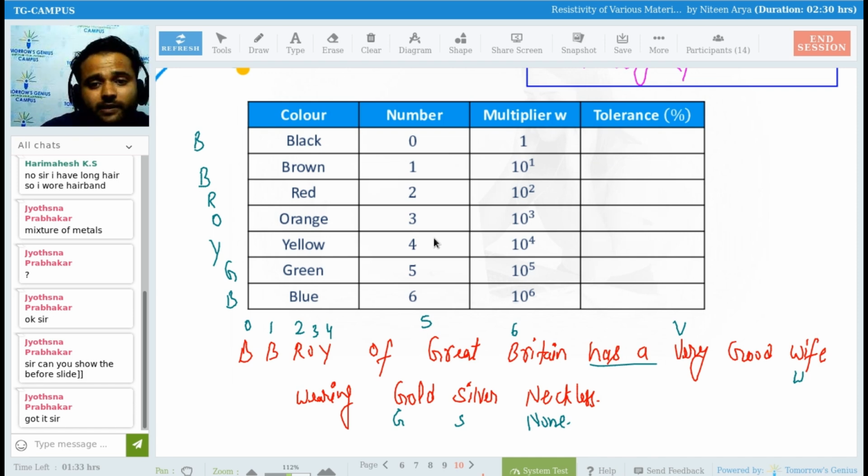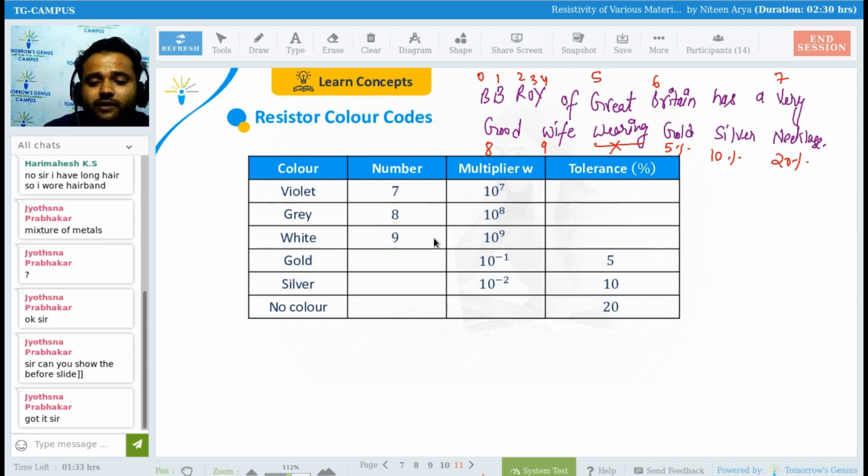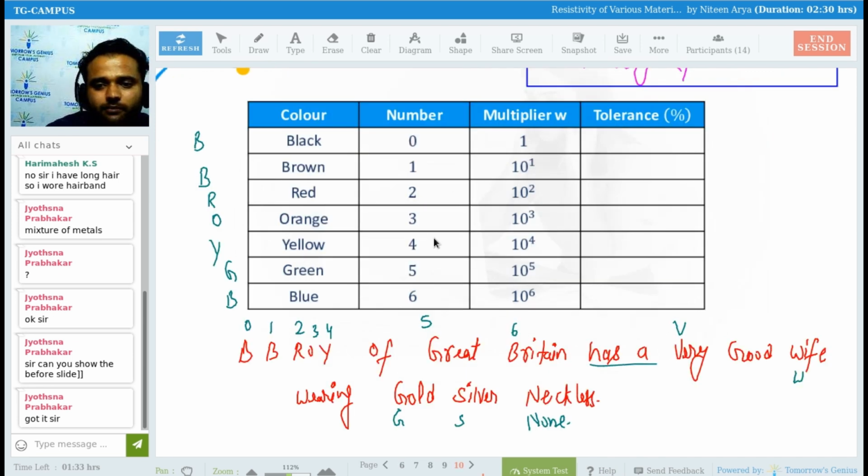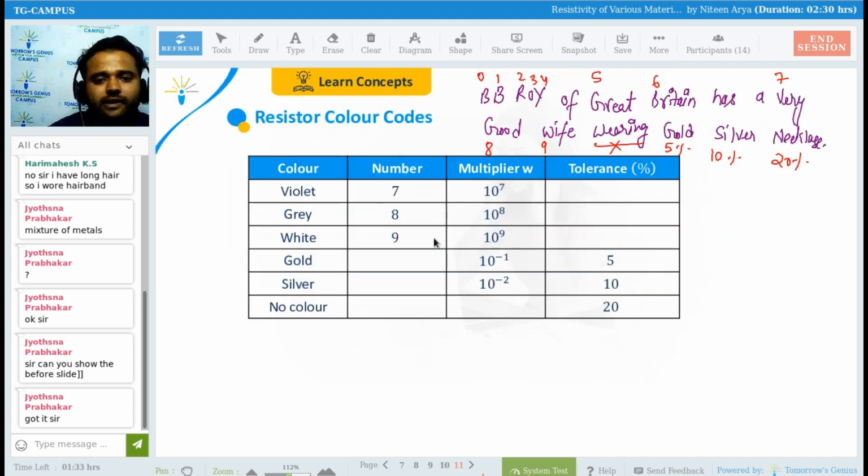And for the multiplier, obviously, it is going to be a multiple of 10 to the power 1. As you can see, 10 multiplier 1, then 10 to the power 1, then 10 to the power 2, 3, 4, 5, 6. Okay, moving ahead, 7, 8, 9, 10 to the power minus 1, 10 to the power minus 2.